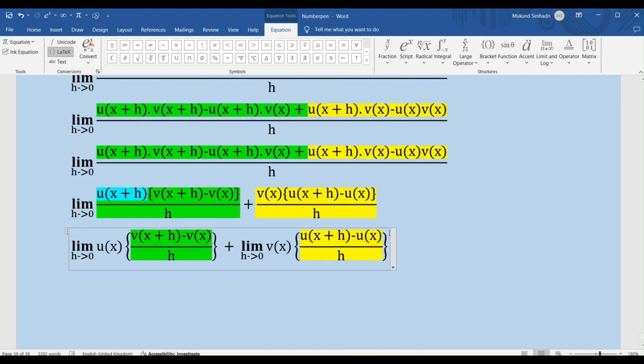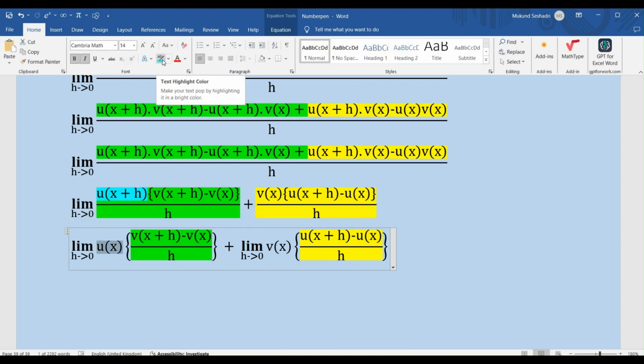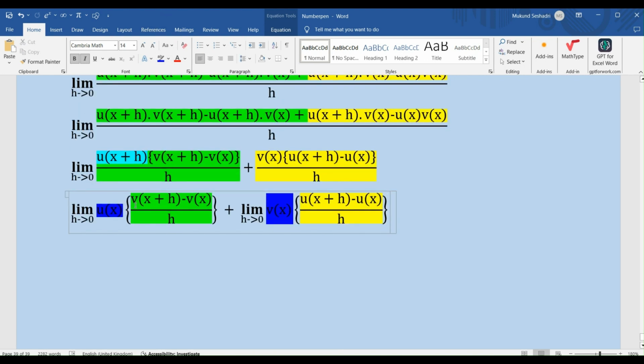And folks, u of x and v of x are now independent of h, right? Let me use a blue color. The u of x and v of x now are independent of h, and the expressions which are highlighted in green and yellow are dependent on h.